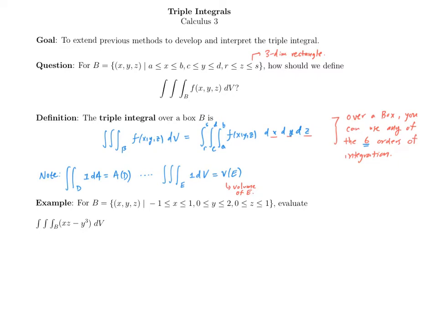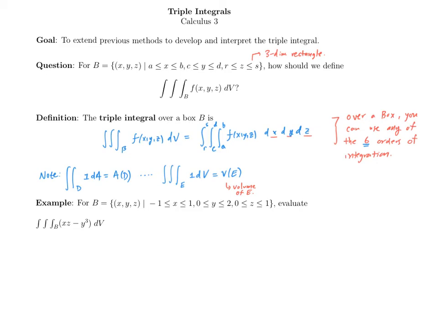Let me also make another observation relating this back to interpretations of the double integral. Recall that we interpreted the double integral as giving us something about a net difference of enclosed volumes. The same idea is going to be true here. It's just not something we can really visualize and probably don't have good intuition for.